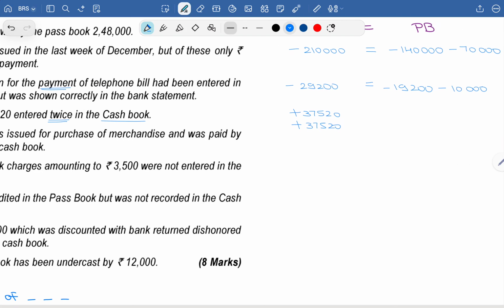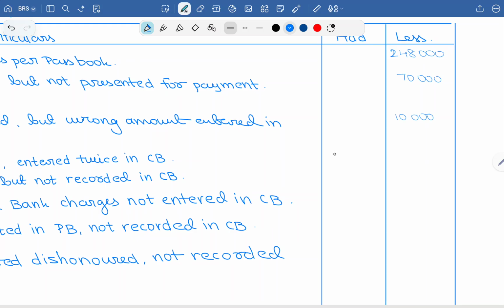But in my passbook the entry is only once, plus 37,520. To make them equal, I have to add 37,520 again in the passbook, since passbook is my base. So add column 37,520.